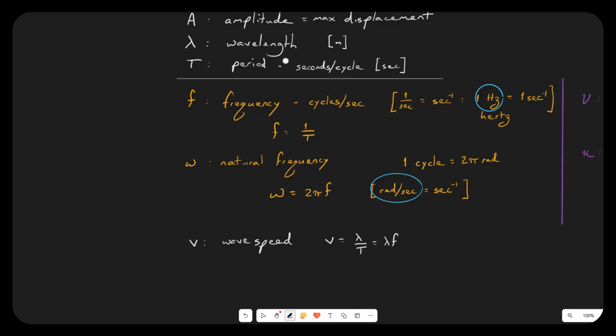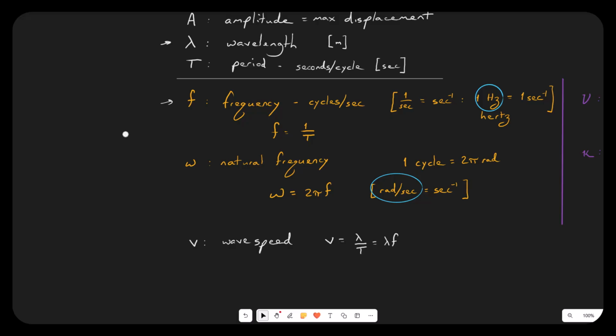It seems like we would just use the period for pretty much everything, but it turns out that a lot of the equations that we work with are direct equations, direct proportionalities when we use frequency. So most of the time when we do waves, we are talking about a wavelength and a frequency, or a wavelength and a natural frequency.